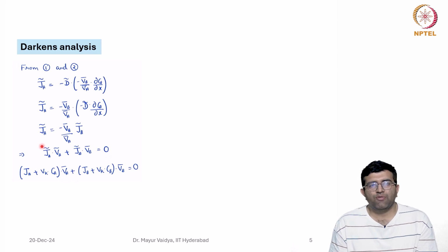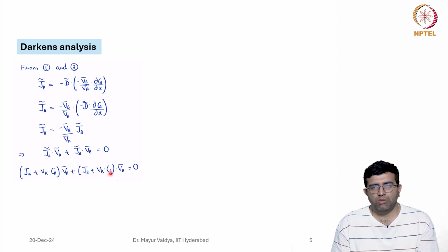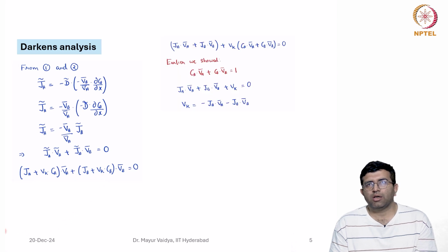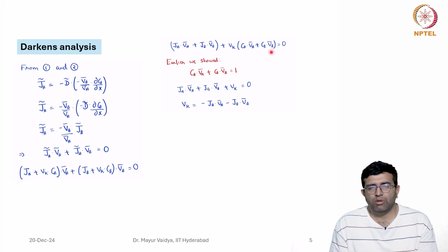So, if I now substitute J_A tilde as J_A plus V_k into C_A, similarly J_B plus V_k into C_B here, what I get is something like this. If I rearrange, I take these terms J_A into V_A bar plus V_k inside the bracket, I have C_A into V_A bar plus C_B into V_B bar.